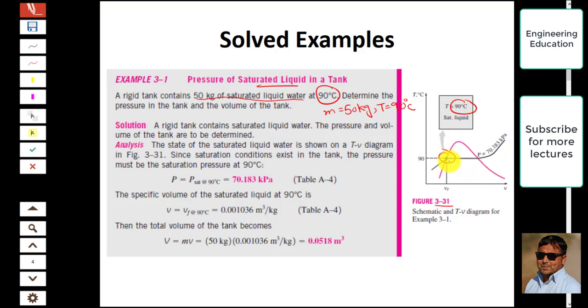Accordingly, going to the steam tables, we will read at 90 degrees C the value of pressure, and the value of pressure at 90 degrees C is 70.183 kilopascal. This line is the constant pressure line, 70.183 kilopascal.